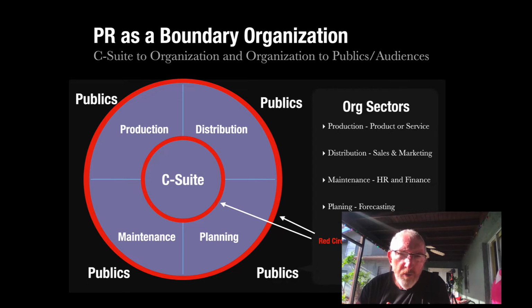I like to call those projects critical success factors. Why? Because if we don't implement those critical success factors, we will not be successful in moving the company from point A to point B.